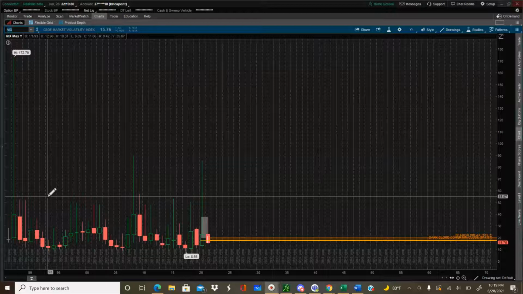So let's talk about VIX. VIX is pretty much a measure of stock market volatility. When I think about VIX, I think about the broader market, but I don't necessarily think about specific tickers. With VIX being 15.76, if I'm looking at Facebook, that's not really telling me much.